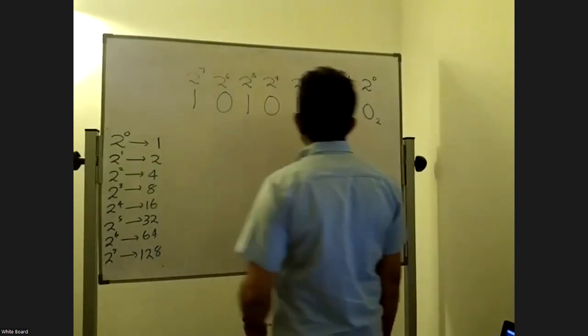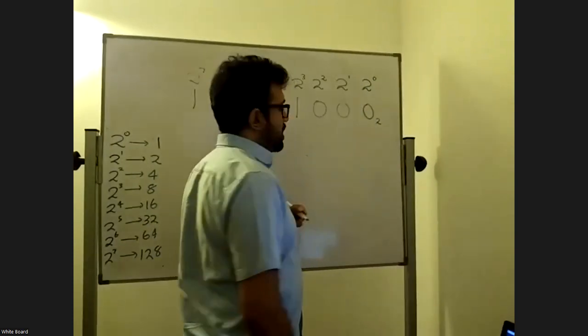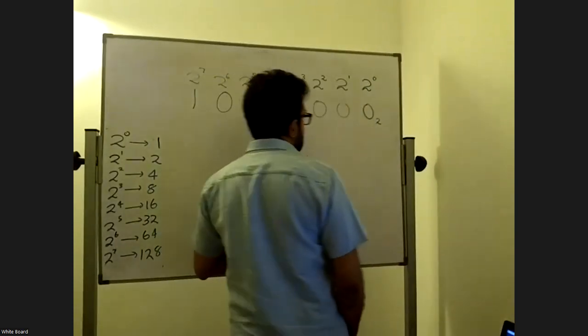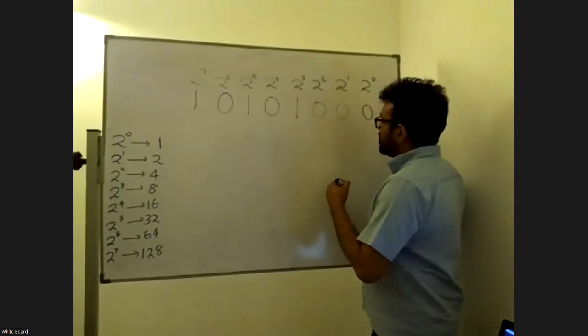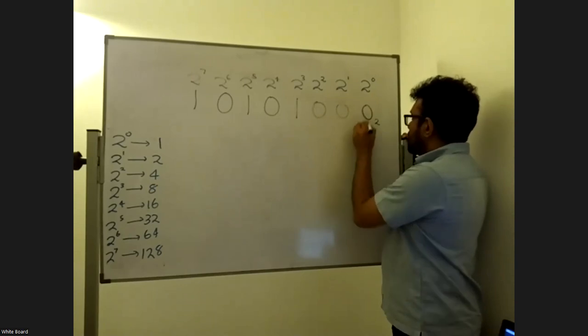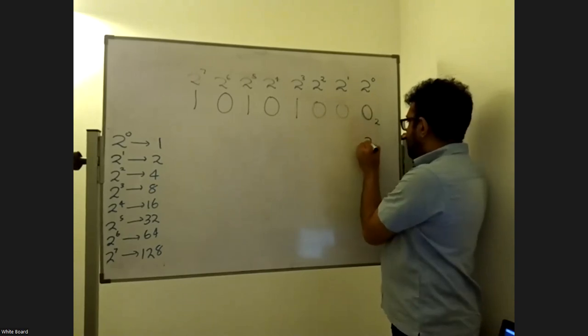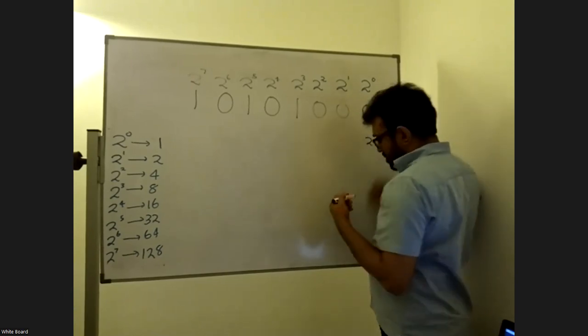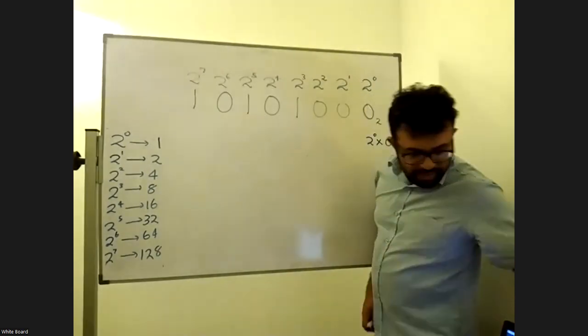Once you have these values, you can now do the calculation by following this method. So now again observe this. First, we have this 2 to the power 0. You have to take this place value and multiply it by this value. So this is the place value. This 0 is taken from here.